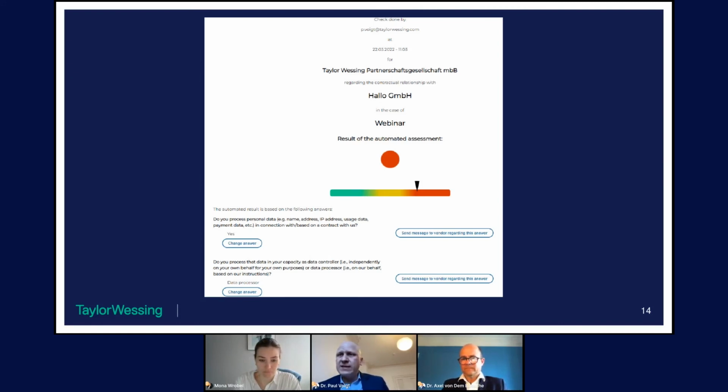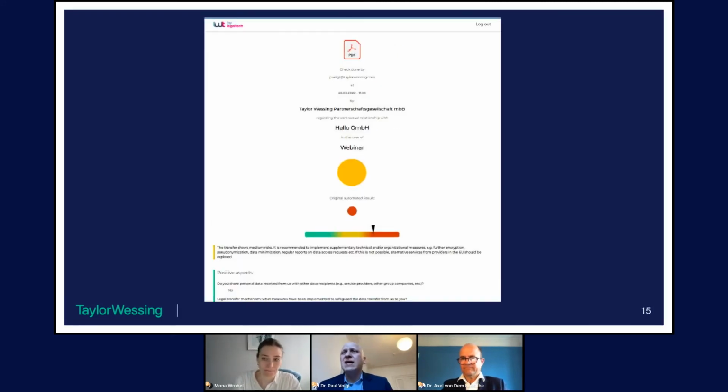You see the links or the buttons. You can follow up on each specific question and ask the vendor if you have follow-up questions, or you can even change the answer and the entire result. So like in the end here, this is a finalized result. We have said it's rather a medium risk than a high risk, for certain reasons. It can always be the case that you have individual factors that have to be taken into account. And it gives you an explanation. What does medium risk even mean?